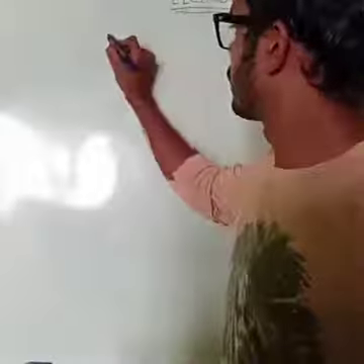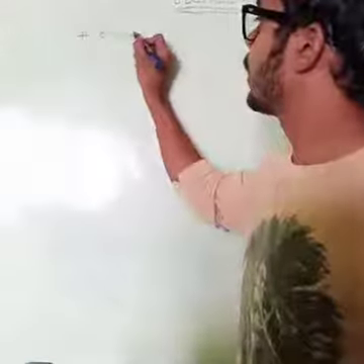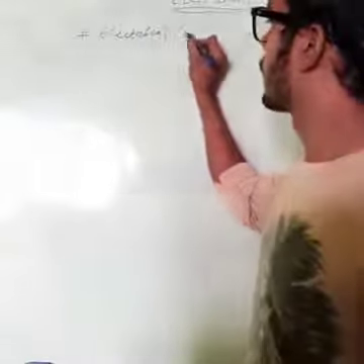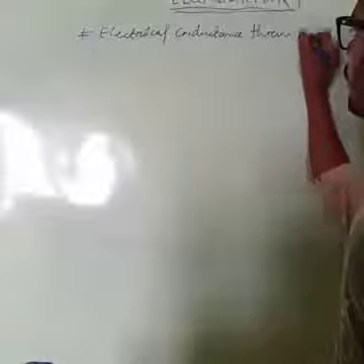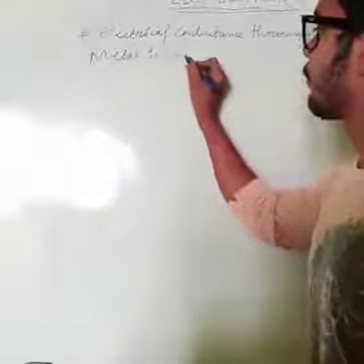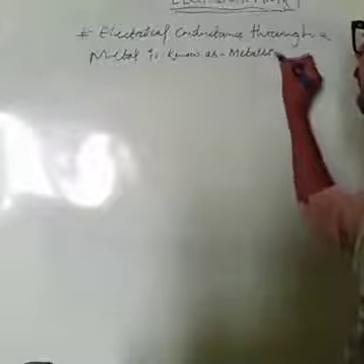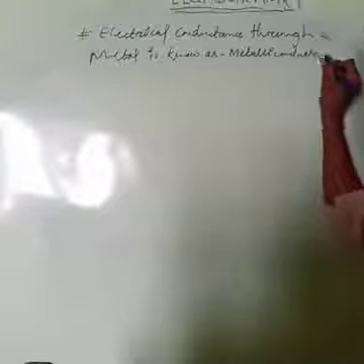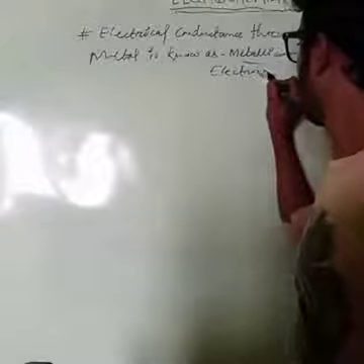So electrical conductance through a metal is known as metallic conductor. Or you can say that it is an electronic conductor.